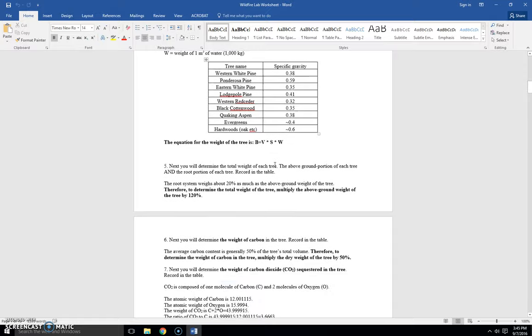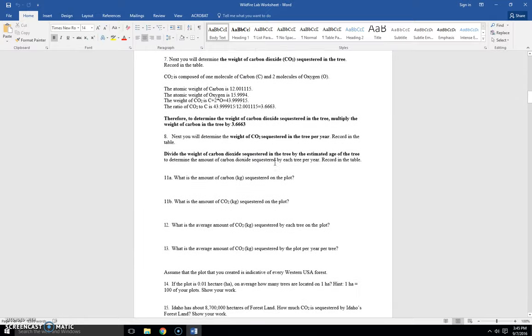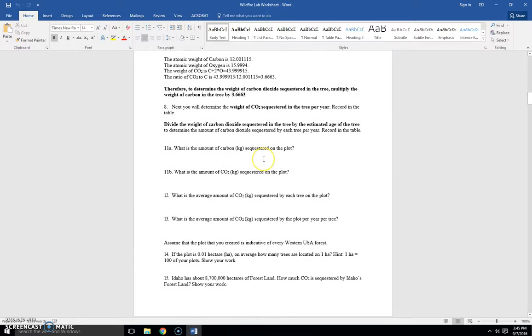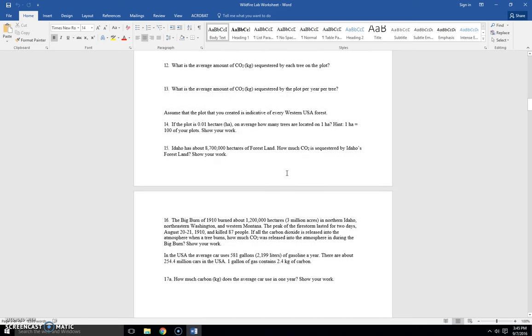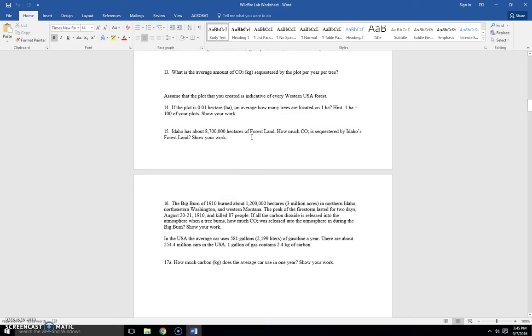So you just walk on through doing all those, and then you get to play with the data that you've created. Things like how much carbon is sequestered on the plot, and then how much CO2, and you get to extend your estimates to the amount of carbon that might be released in the Big Burn of 1910.